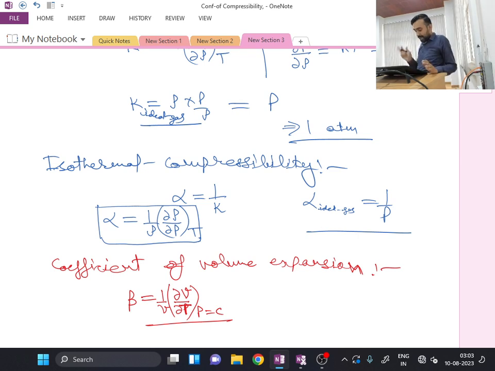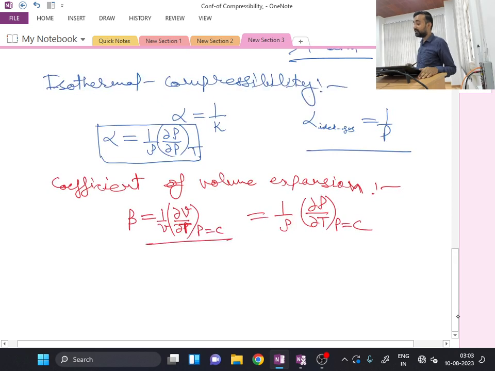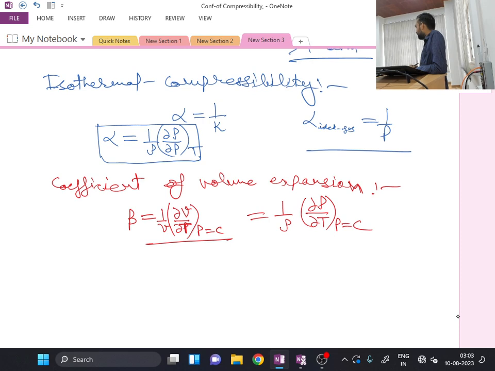Okay. Now if I once again put the definition of specific volume as 1 by density, I will get this as 1 by rho into del rho by del T at constant pressure. That is nothing but the isobaric condition. Okay. Is it clear up to this point?